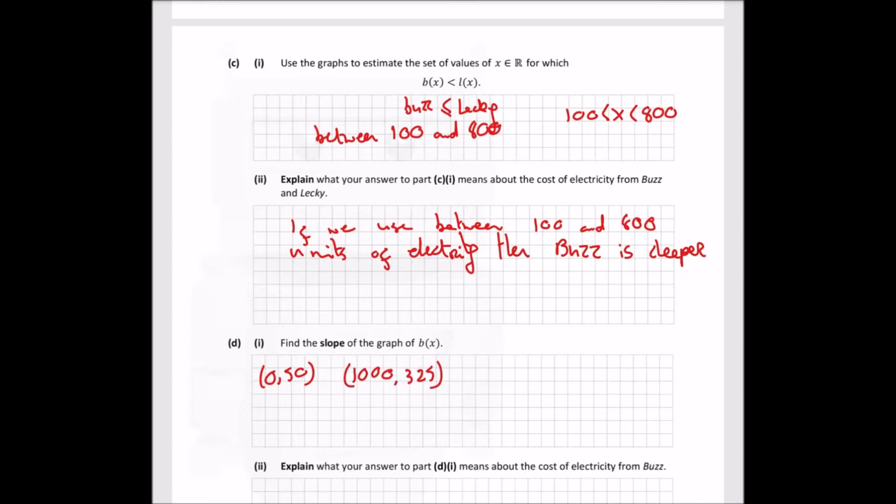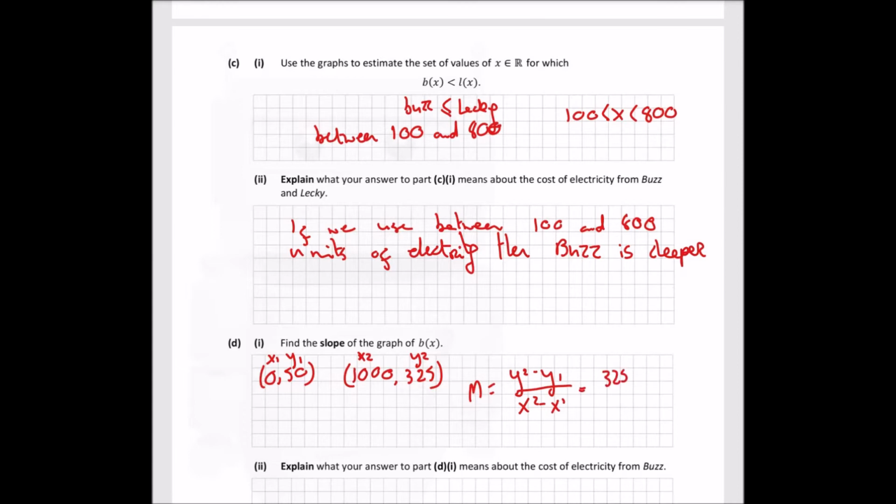We could do the rise over run as well. Y2 minus y1 over x2 minus x1. Okay, that's the slope, and M stands for the slope. We label our points, x1, y1, x2, y2. We throw it into the formula.